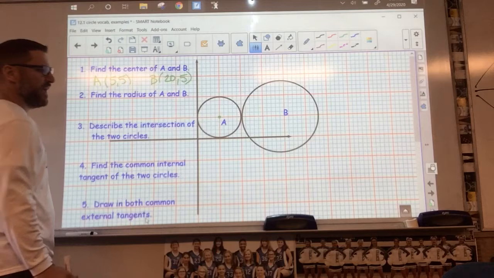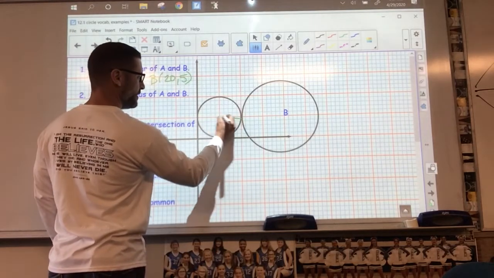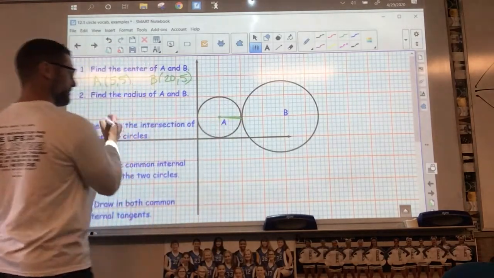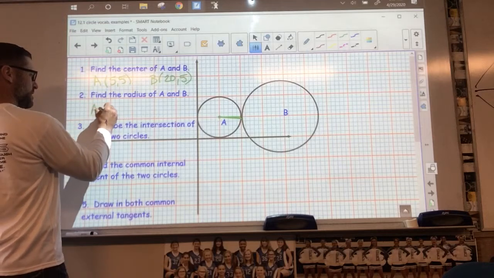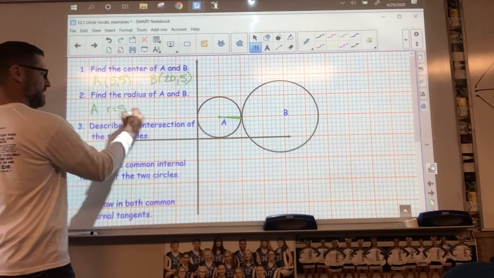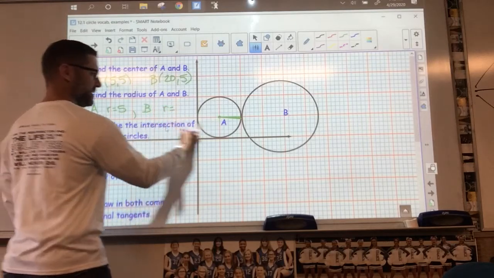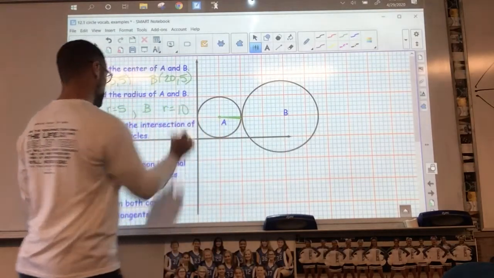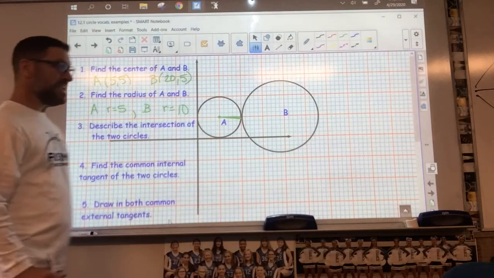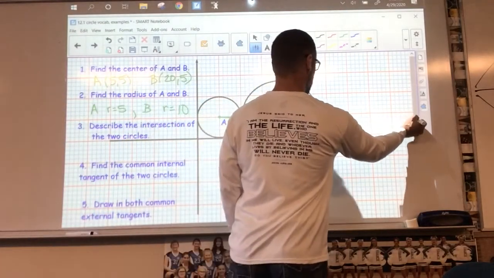Find the radius of A and B. That's super easy. That radius right there is 5. A has a radius of 5. B has a radius that is 10.